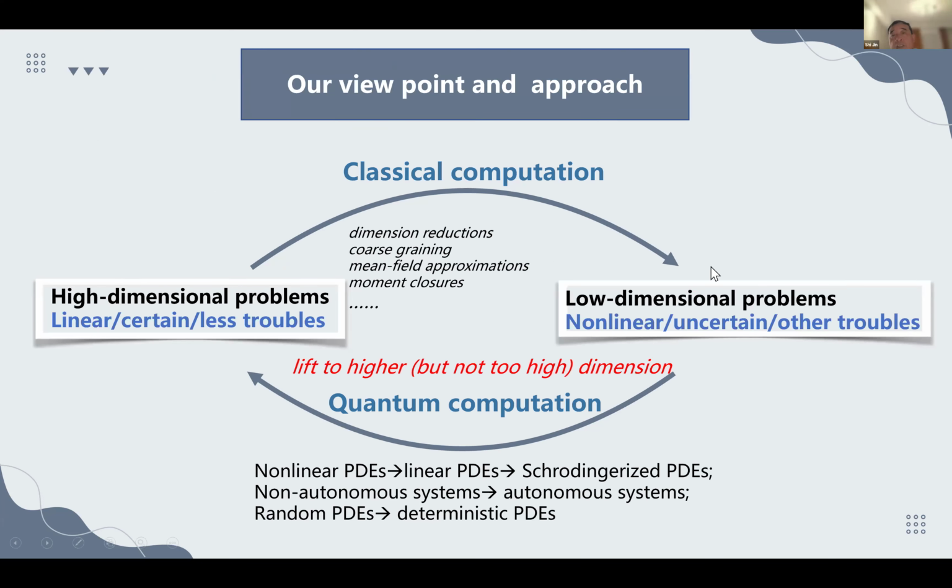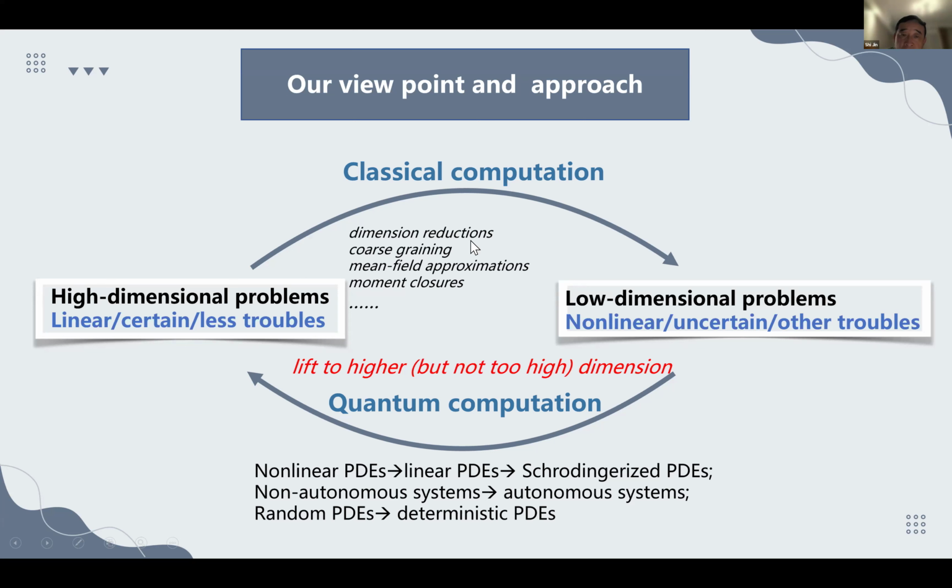So these are some philosophical thoughts about this business. Not everyone agrees with me, but this is basically our philosophy. For the last 100 years, all mathematicians and physicists have been working very hard to reduce the dimension. The reason is that classical computers have this curse of dimensionality. So there are all these theories and mathematical ideas to reduce dimension. For example, you start with very high dimensional PDEs, for example, the n-body Schrodinger equation, all right?